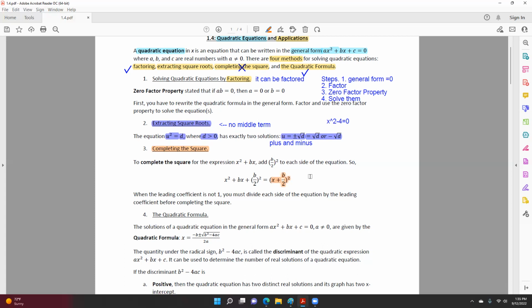That means it is exactly the same binomial, so x plus 2 squared, or in other words, x plus 2 times x plus 2. In order for us to do this completing the square piece, you have to make sure that your leading coefficient is 1 for the x squared. Okay, so this is the completing the square procedure.